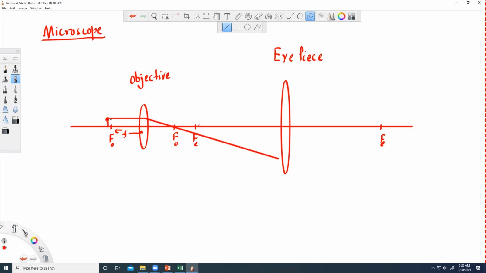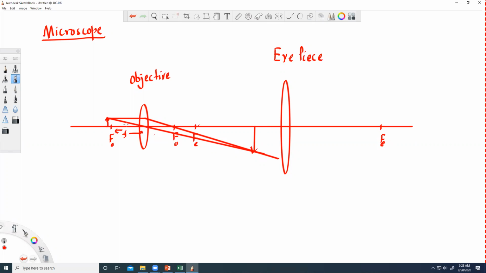Then if you pass a ray through the optical center, it will go without refraction. They will meet at some point here. It's below the axis, so the image formed would be inverted, upside down. So that's the image of that small object formed by this objective lens.